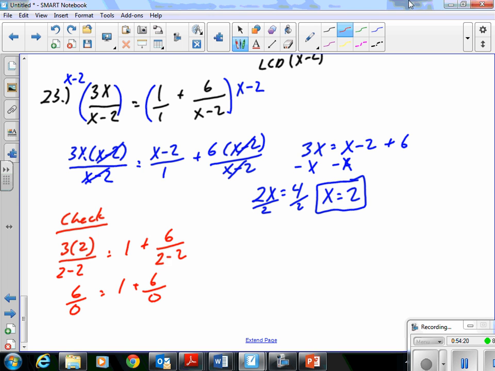And now that I've got these zeros in the denominator, those are undefined. And so 6 over 0 is not going to equal 1 plus 6 over 0. So that means that 2 doesn't work, and ultimately we have no solution because that solution didn't work. It gave us undefined values.